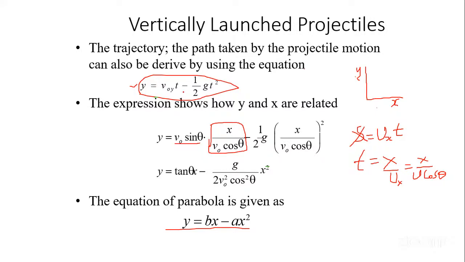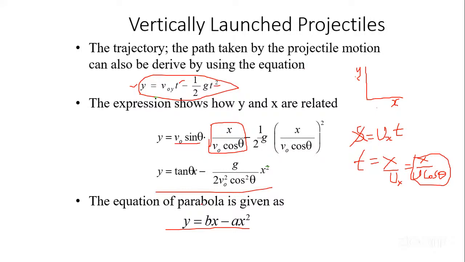So in place of this t and this t square, we are going to substitute this value, x over u cos theta. So if we substitute that and simplify, we are going to have this expression.